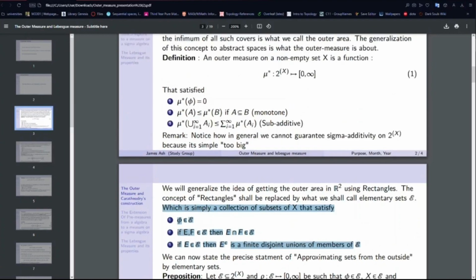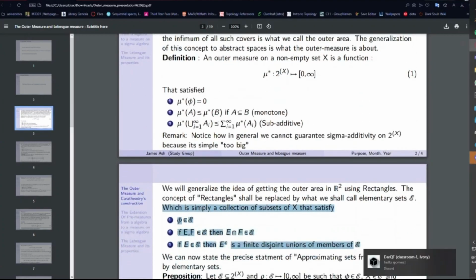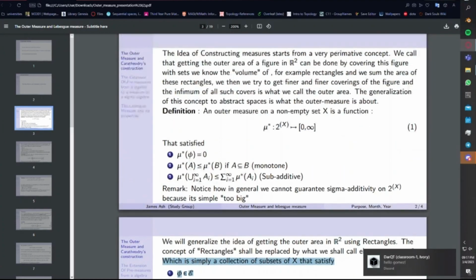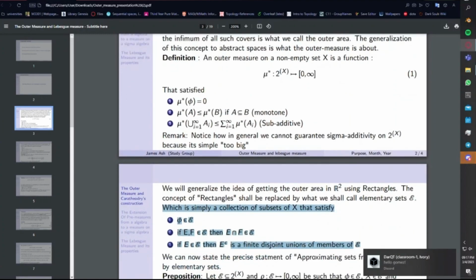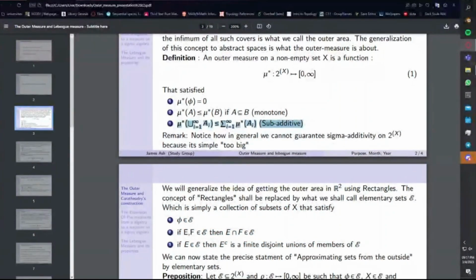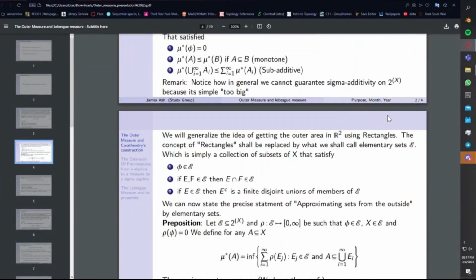The outer measure is in general not even finitely additive, right? I think that's an important thing to know. When you restrict to measurable sets, it's sigma additive, but in general, it's not. Oh, yeah, that's true. I see what you mean.